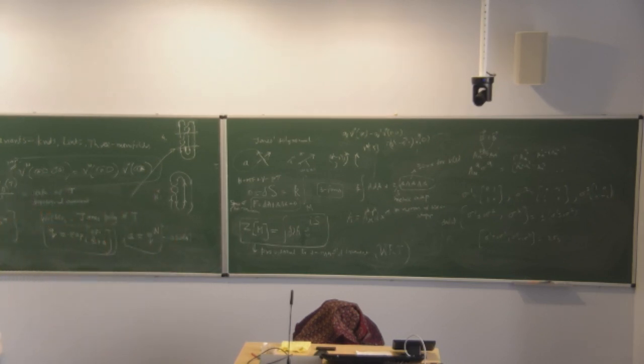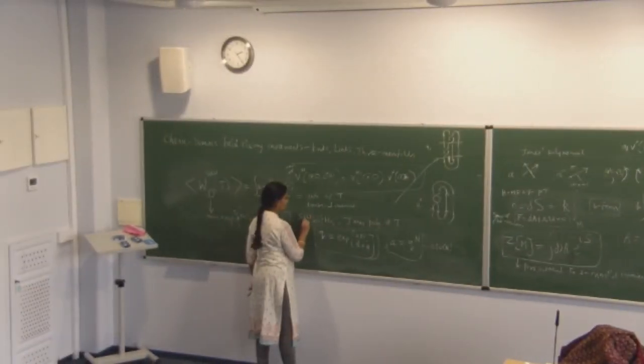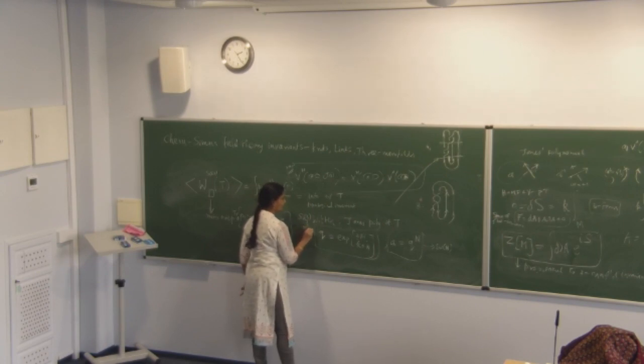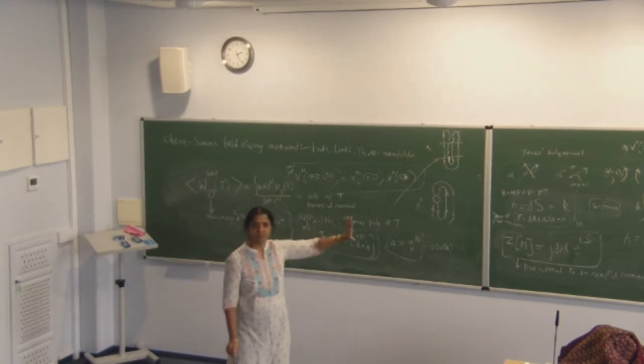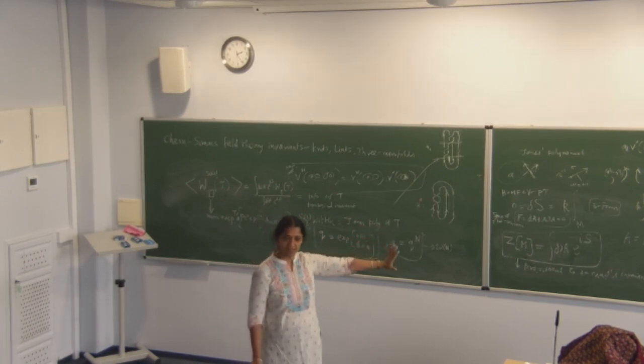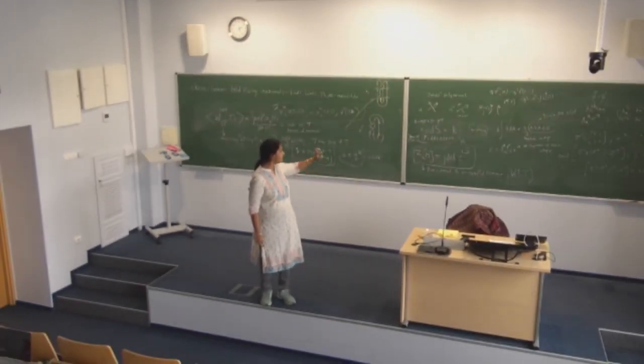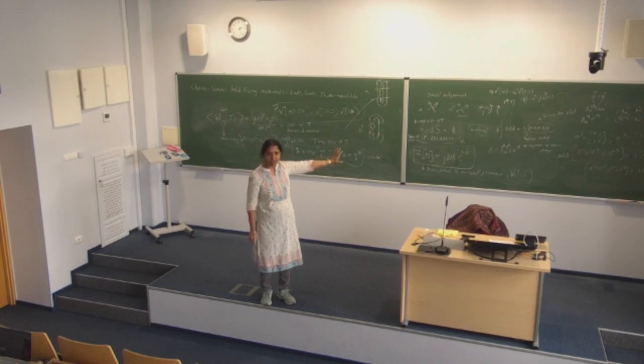We will confine to SU2, which is N equal to 2. But he reproduced even for SUN with the fundamental representation that you get the HOMFLY-PT polynomial.